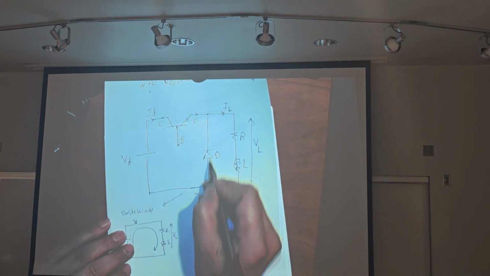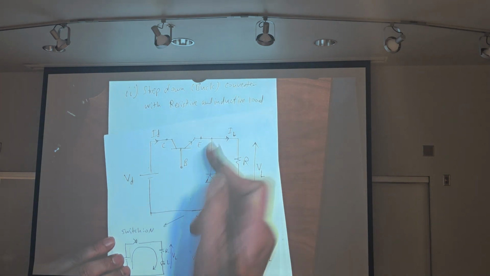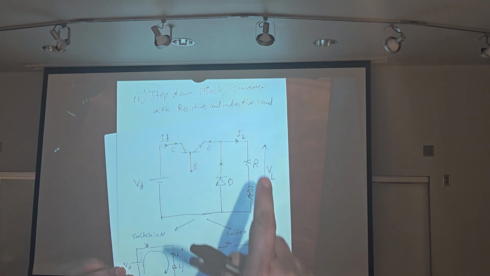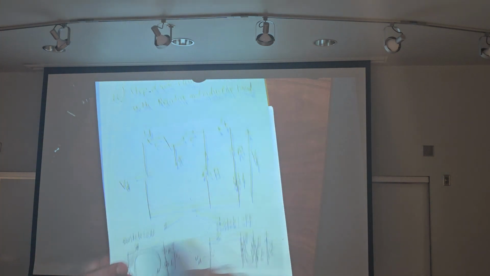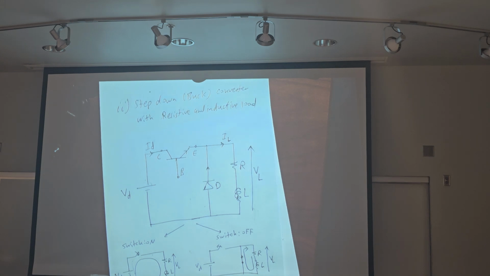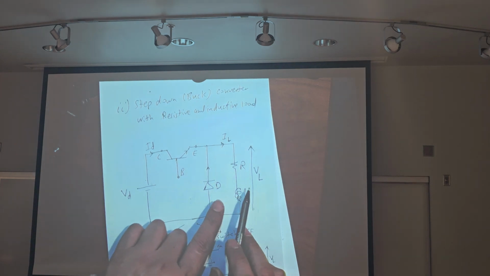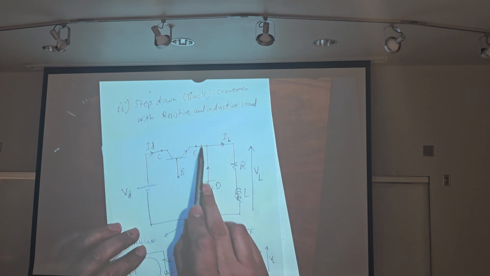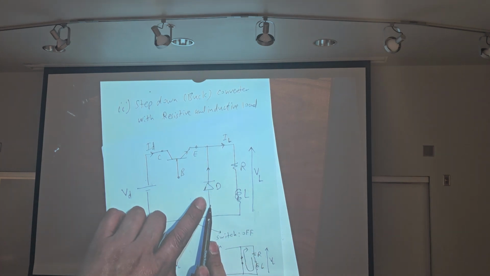The diode should carry current just in this direction, the current flows forward, no current in the reverse direction.